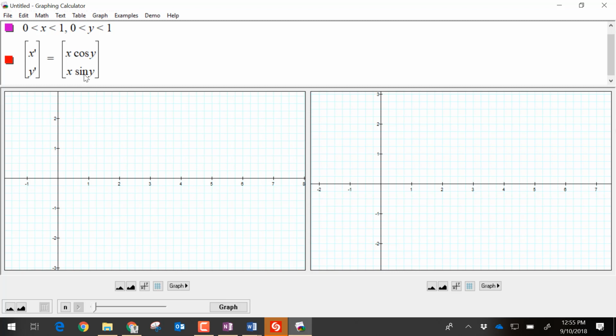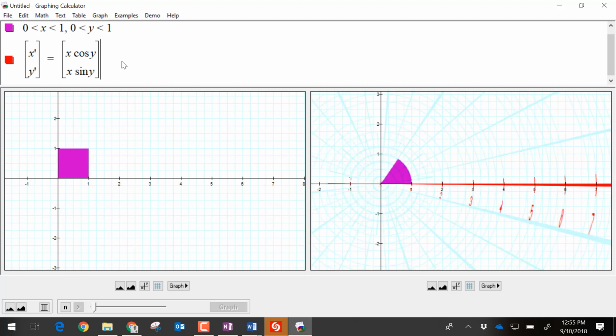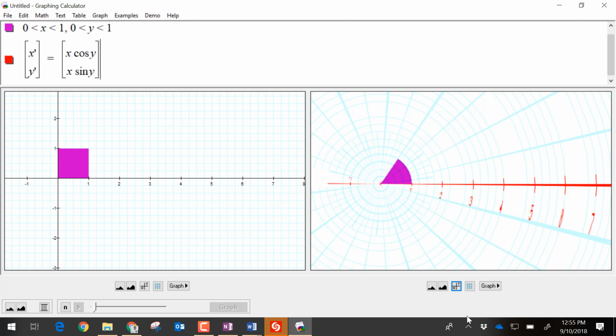And for those people who have taken Calc 3 before, what would you expect to happen for something like this? It'll get you what they call a polar coordinate graph. And so what happens here is that I would take that box, that square, and then I would have the x-axis represent my radial distance, and my y-axis represent my angle as it draws out a circle.